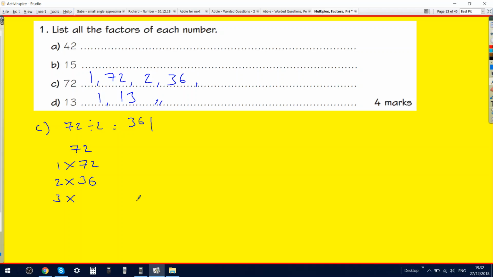Try dividing it by 3. I think maybe 24. Yeah, 24.